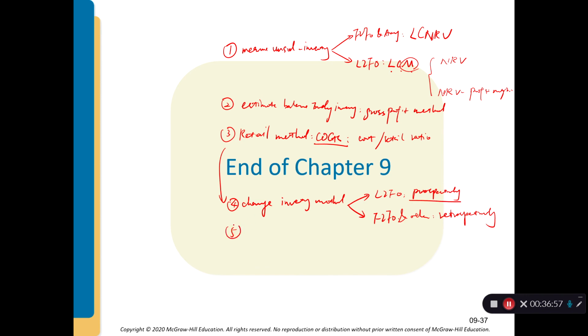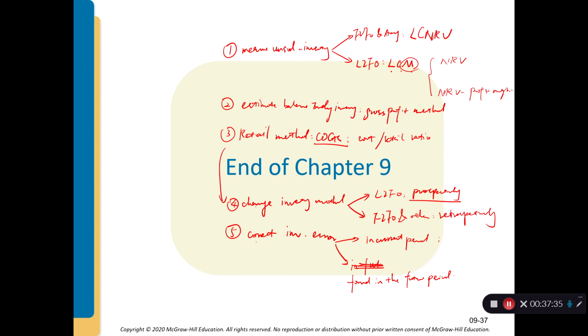And then the last episode we talked about is how we correct inventory errors, right? And we said there is an error made in the current period, and an error made in an earlier period that is found in a later period. And then both have different treatment, okay? And all those things are miscellaneous items that we discussed.